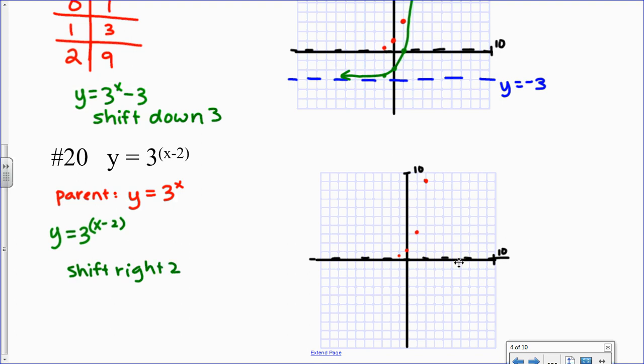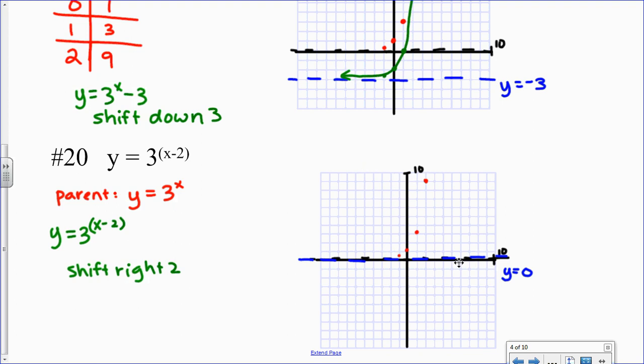If you shift right 2, does that change your horizontal asymptote? No. Okay. So that does not change. But all the other points change, but you're going to just shift them right 2. Right, meaning right, not left. Sorry about that.